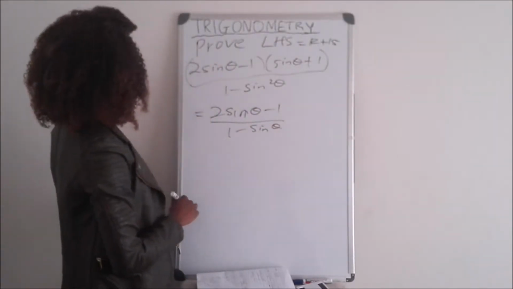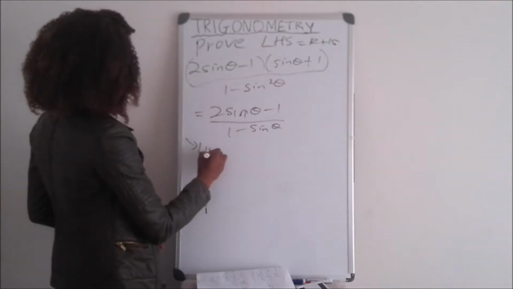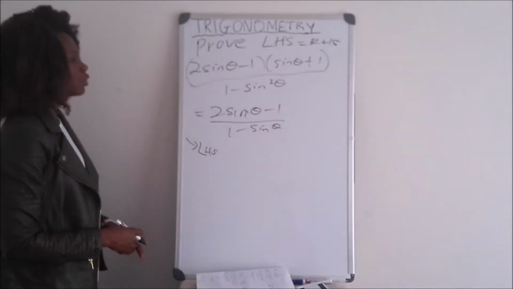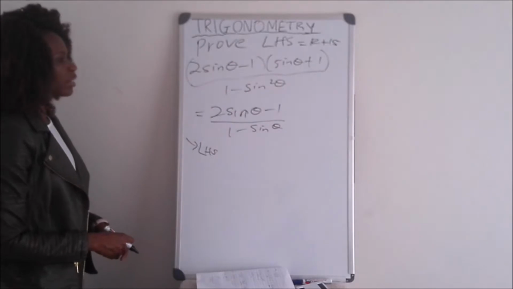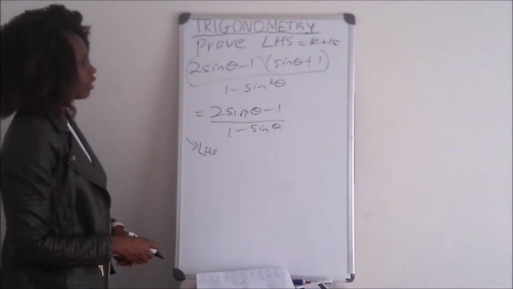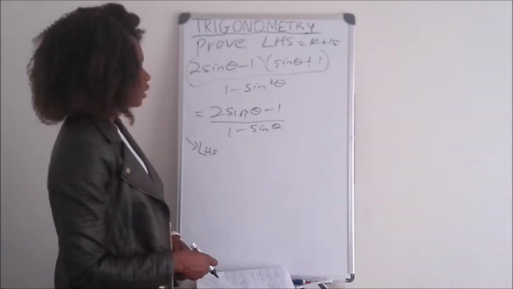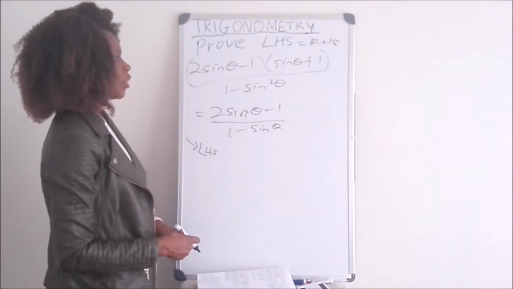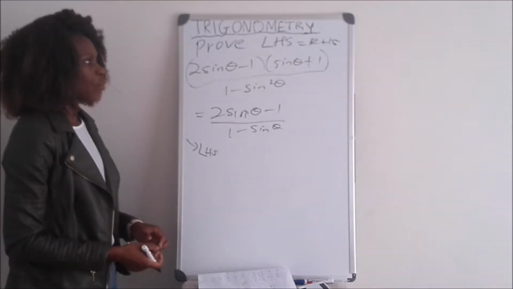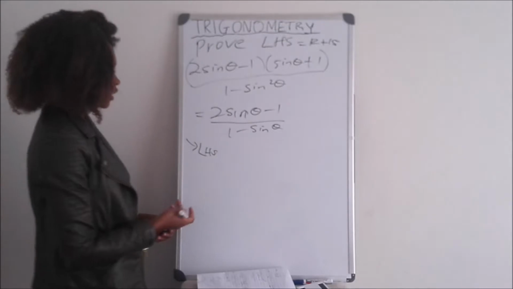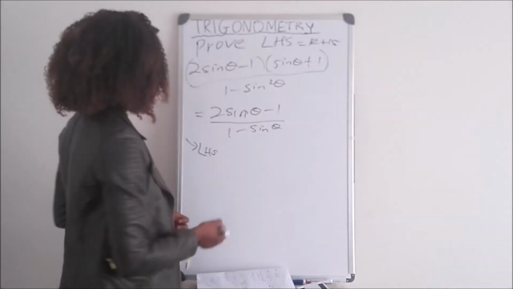Alright, proving from the left-hand side, we have 2 sin theta minus 1 into sin theta plus 1 divided by 1 minus sin squared theta. Because the numerator has already been factorized, we're going to factorize our denominator, which is a difference of 2 squares.